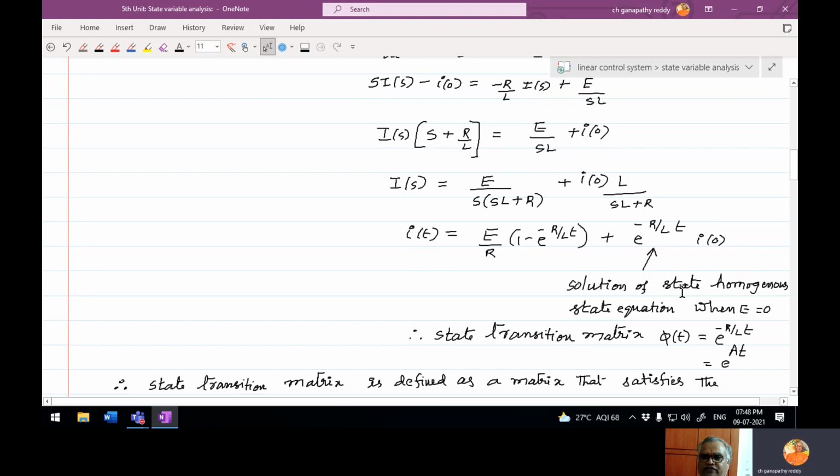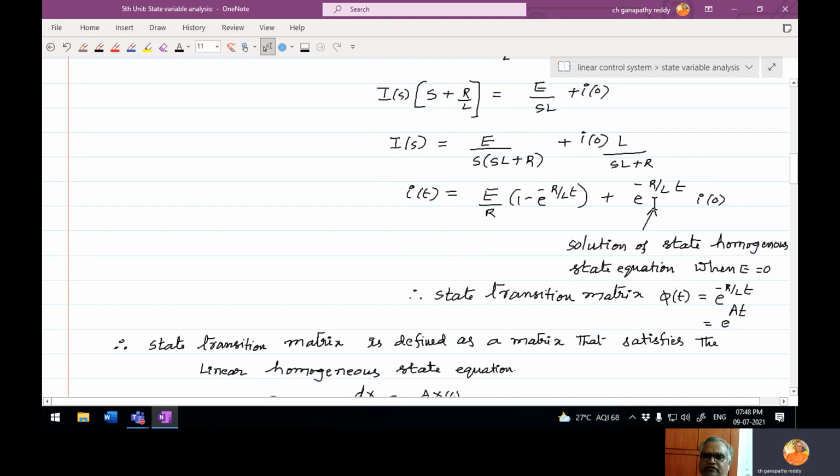So it is a solution of the homogeneous state equation. Homogeneous means absence of input, when input equals 0. So this particular term is the homogeneous state equation solution. Therefore, the state transition matrix phi of t is equal to e power minus R by L t. This is the important word.